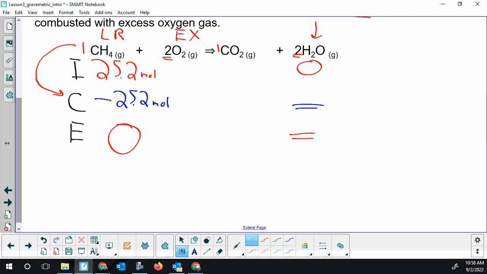Okay. Now, mathematically, to do this change, if we have the change of one chemical, we're going to multiply by the required coefficient. We want to get water. So I'm going to multiply by 2 and divide by the given coefficient. Given is methane, and that has a coefficient of 1. Okay. So you can either look at the numbers and just deduce what the change is.